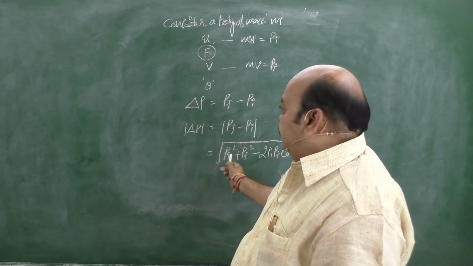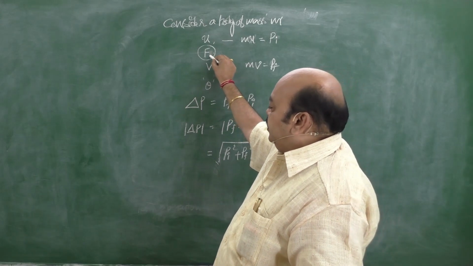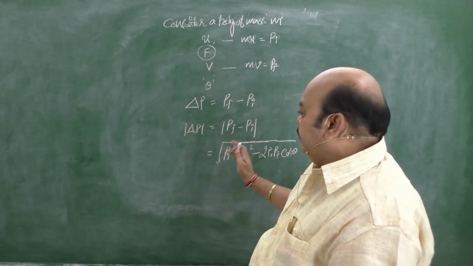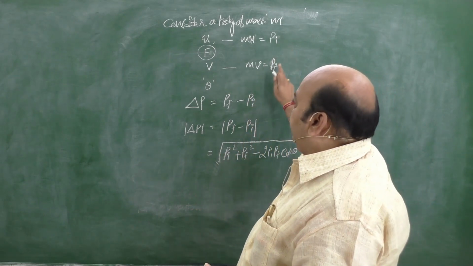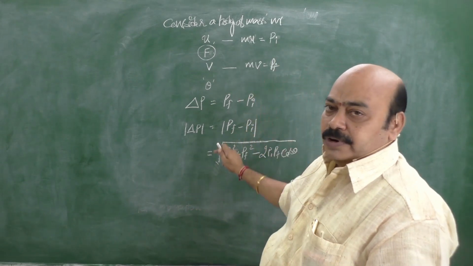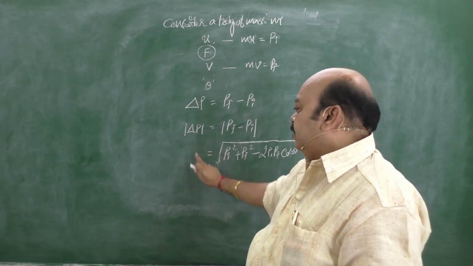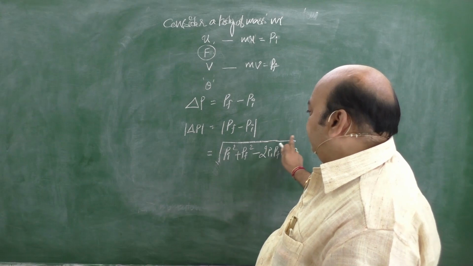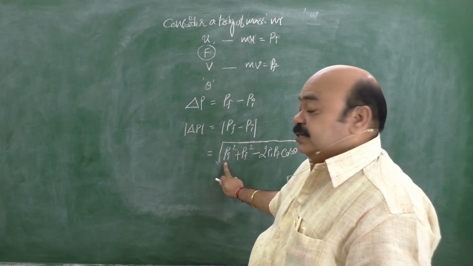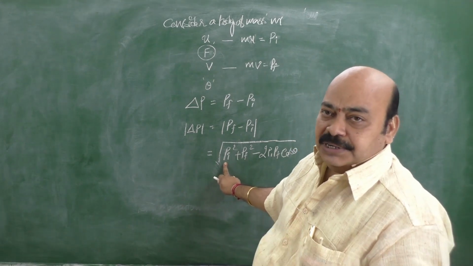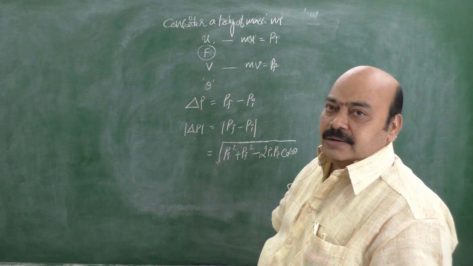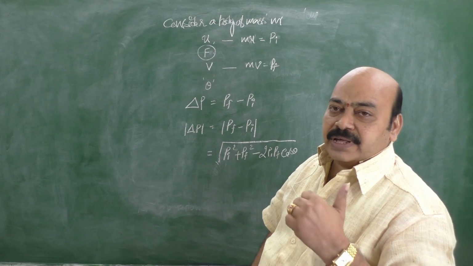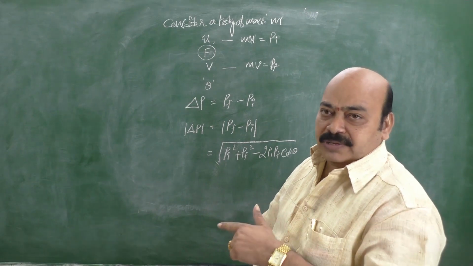Why does its direction change? Because of the application of the force F. Let theta be the angle between the initial and final momenta of the body. In such cases, we can calculate the magnitude of the change in momentum using the vector law. From vector addition, the magnitude of A plus B is equal to the square root of A squared plus B squared plus 2AB cos theta.